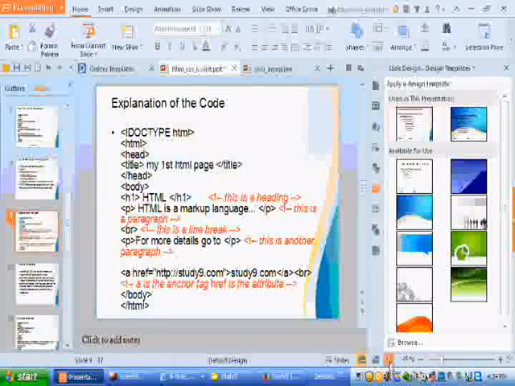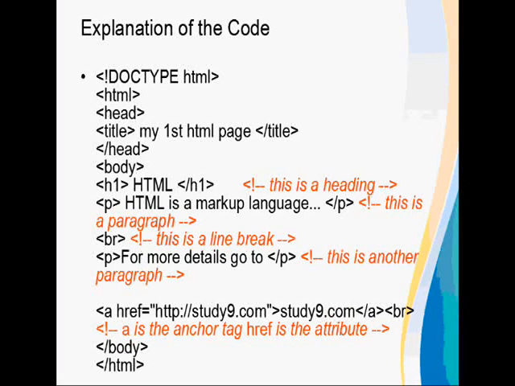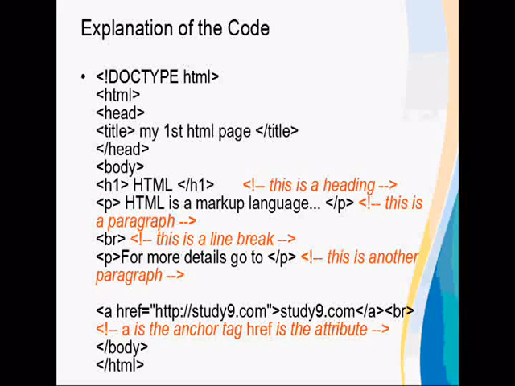Let's discuss the document. Start from the second line. HTML, as I said already, every HTML document begins with the HTML tag and ends with the corresponding end tag, that is /HTML. See the last line of the code. A document has two main sections. One is head, the other one is body. The head section begins with the head tag and ends with the /head tag.